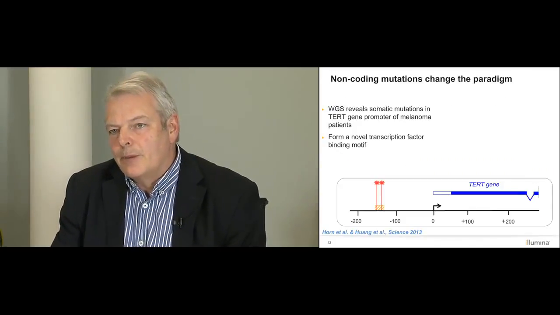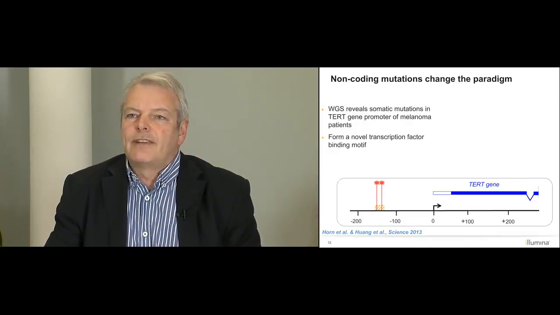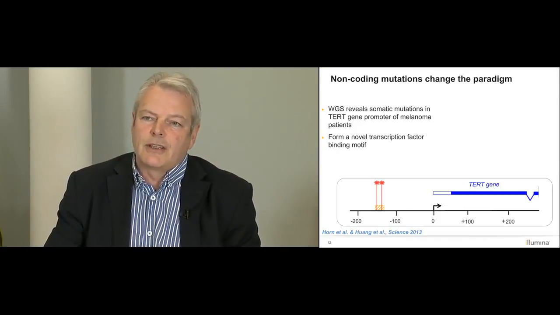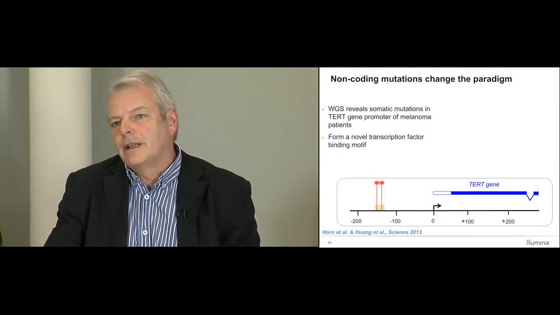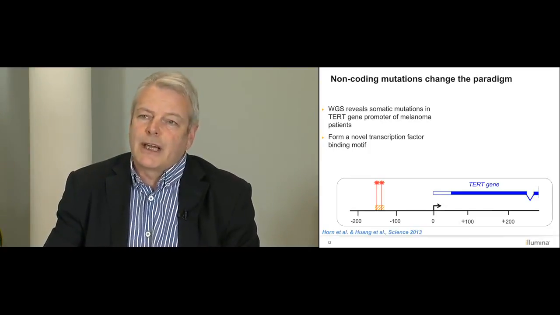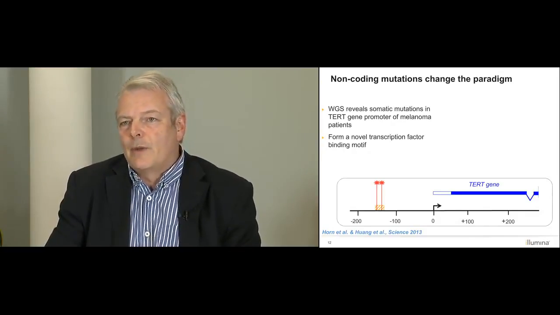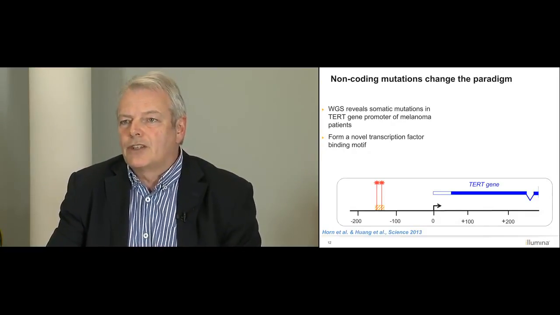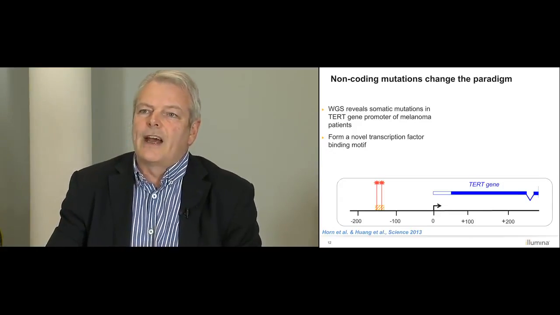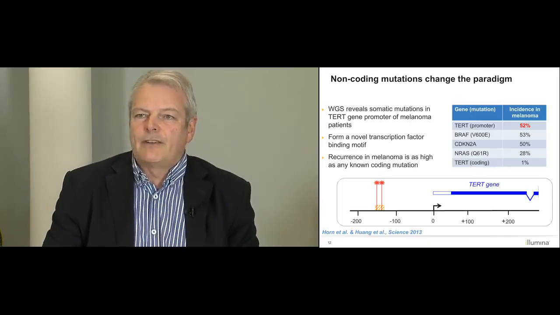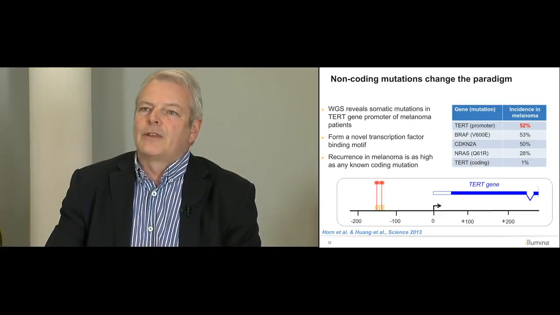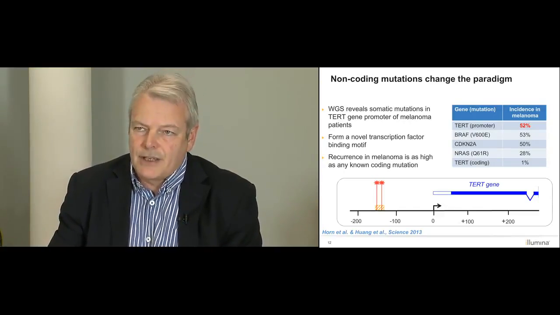Another important finding, just to reflect on this for a moment, is, of course, as you move outside the genes, the non-coding mutations also play a very important role in the derivation of cancer. This is a well-known example where whole genome sequencing, as opposed to exome sequencing, reveals formation of a novel transcription factor in the TERT gene, and actually leads to, in this case, a mutation which, when you survey other examples of melanoma, you actually find not only is this mutation present in other melanomas, but it's present at the same frequency as the very well-known BRAF V600E mutation.